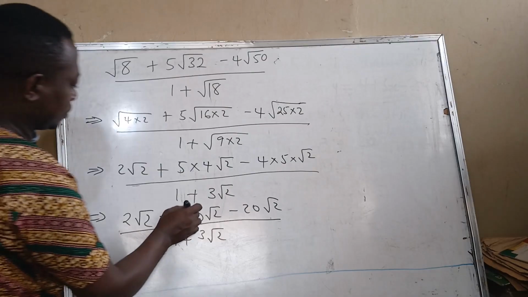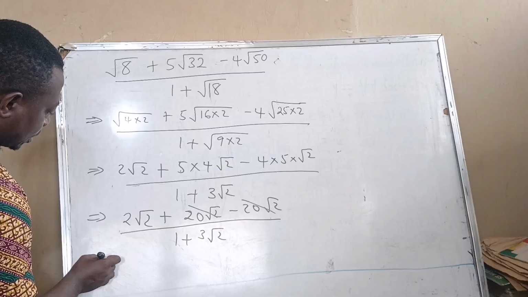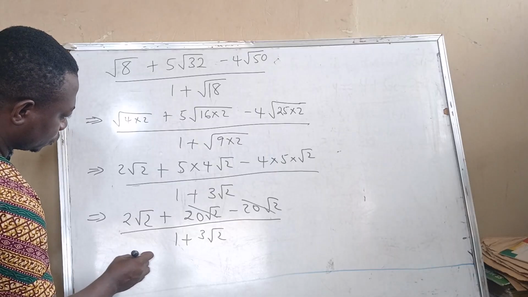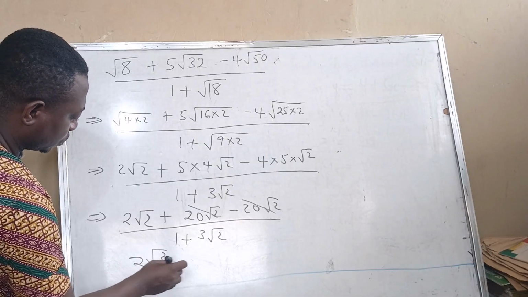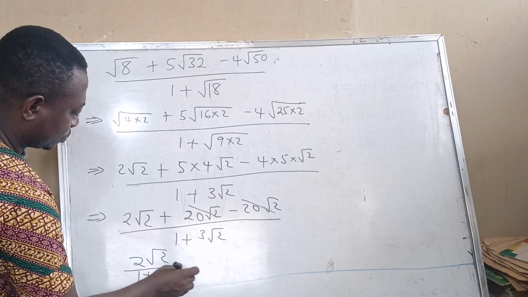So this one will cancel, they are the same, whereby this side will be 2 with 2 on 1 plus 3 with 2.